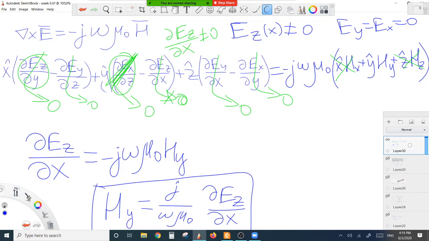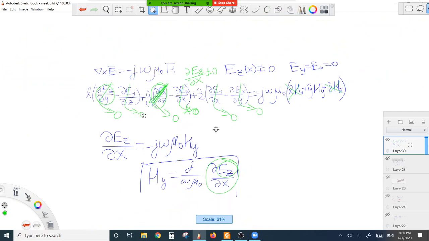Now we found H in terms of Ez. Now in order to find the final expression for H, we need to compute this derivative.